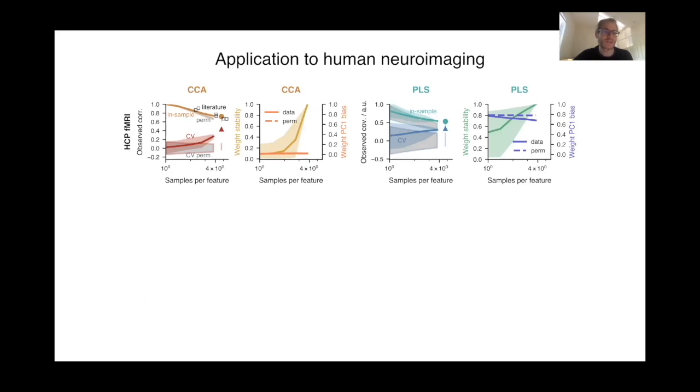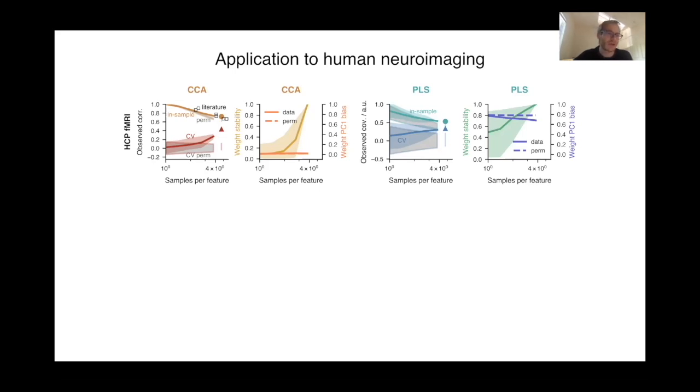Let's first look at the results for the HCP fMRI dataset. To investigate the stability of the CCA and PLS, we repeatedly subsampled the data and then calculated a number of metrics as a function of the subsample size. The metrics that we looked at were similar to the ones that we also used for the synthetic data.